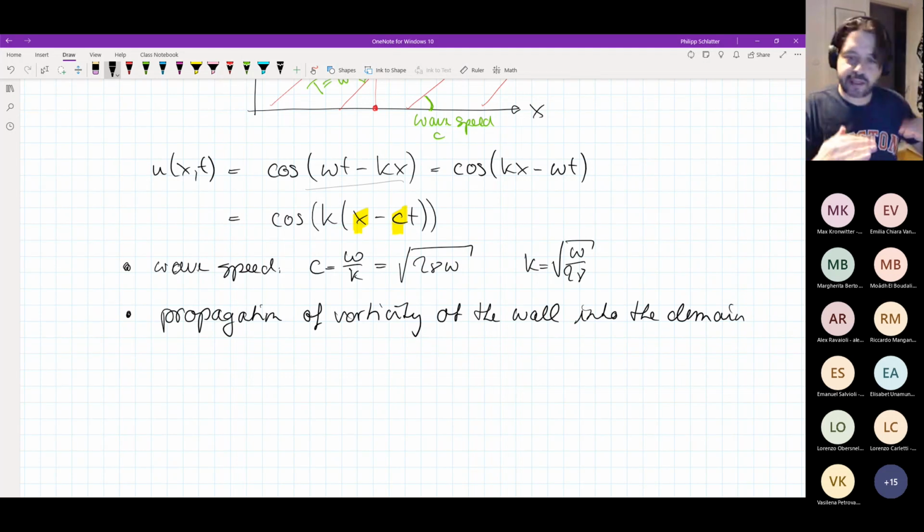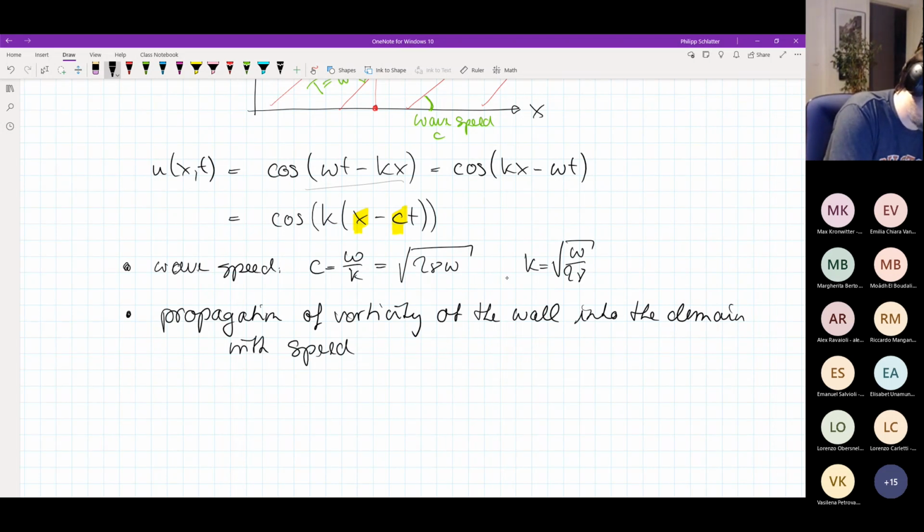So what is propagating here is actually the vorticity at the wall, which of course changes because I'm oscillating back and forth. So how fast is this propagating upwards, away from the wall? Of course, this speed is exactly this wave speed c, the phase velocity of this wave into the domain.